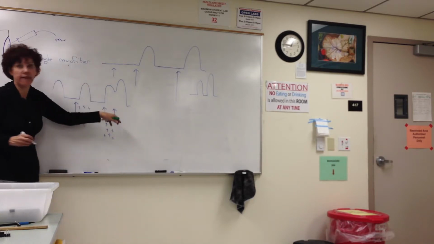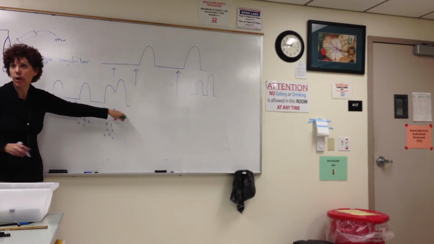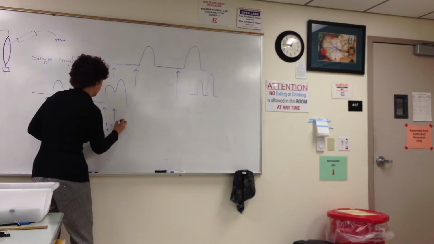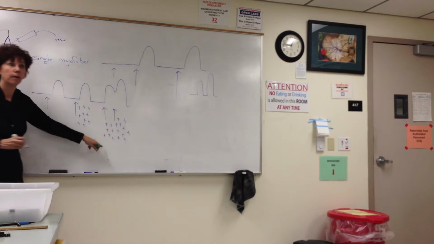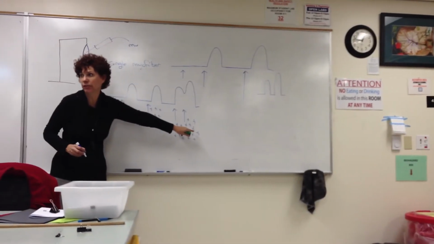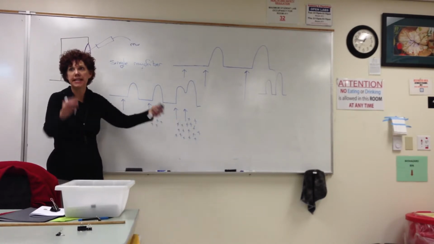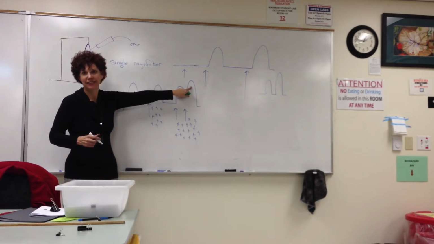So now we only have 7. But then we send another current, and we open up the voltage-gated channels again. And now we get 10 more. 1, 2, 3, 4, 5, 6, 7, 8, 9, 10. More calcium ions means more troponin has moved, means more binding sites are available, means more myosin heads are pulling, means a higher contractile force.